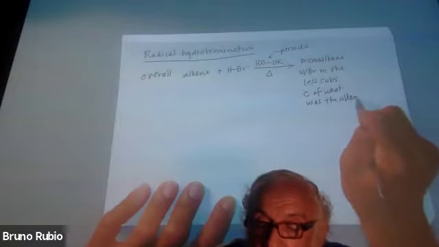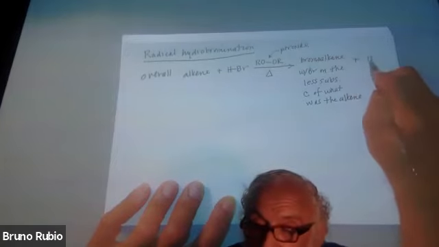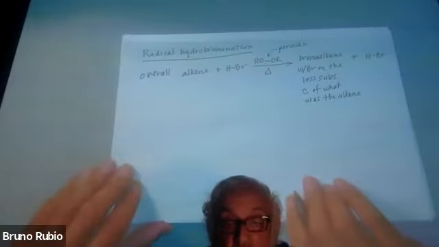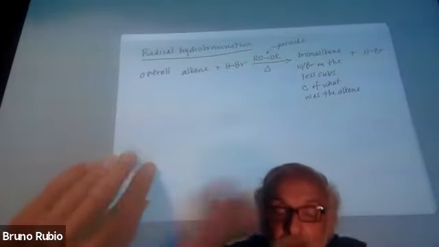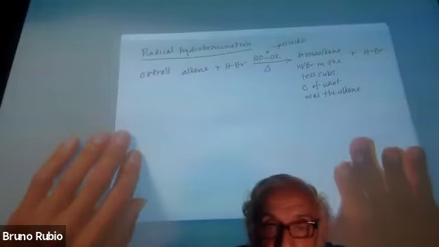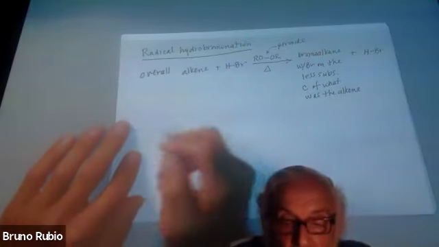Okay, I wrote this all out in words, I'll give you some structures in a second, and then the inorganic product of the reaction we don't care about is HBr. So again, before we talk about the mechanism, we don't need to know anything about the mechanism to do product prediction, right?